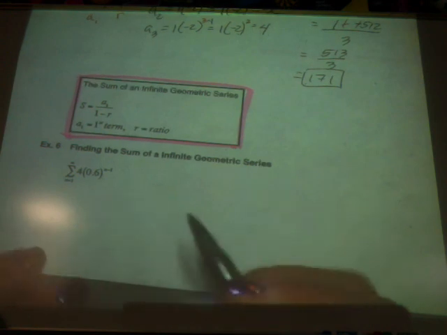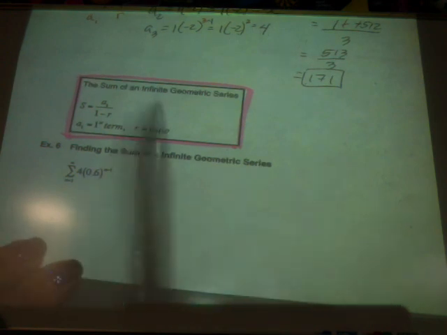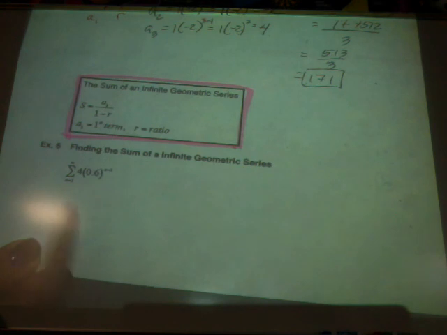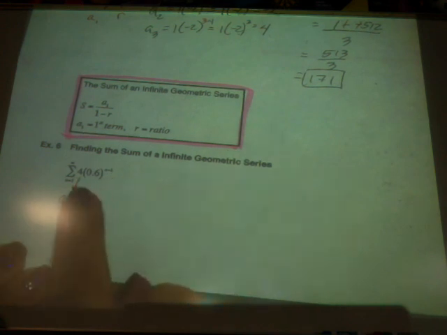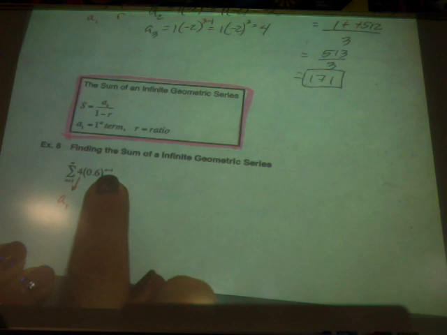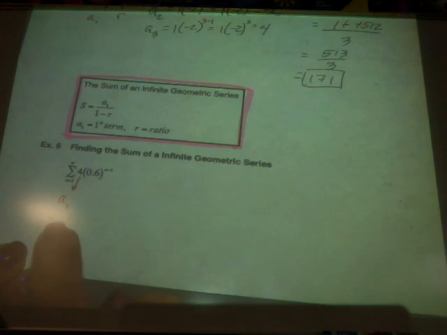So step 1, I need to know a sub 1 and r. So looking at this, knowing what I just told you before, what's a sub 1? 4. So this is going to be your a sub 1. If you don't believe me, our first term is 1. What's 1 minus 1? 0. What's anything to the 0 power? 1 times 4. So that has to be a sub 1.